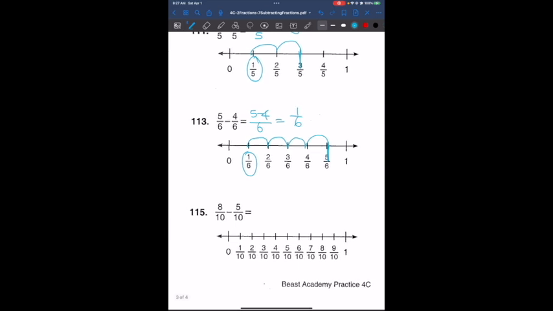Then we have 8/10 minus 5/10. Again, the denominator is the same. 8 minus 5, so it's going to be 3/10. We start at 8/10. Each space is worth 1/10. So if we go 5 times, it's going to land at 3/10.